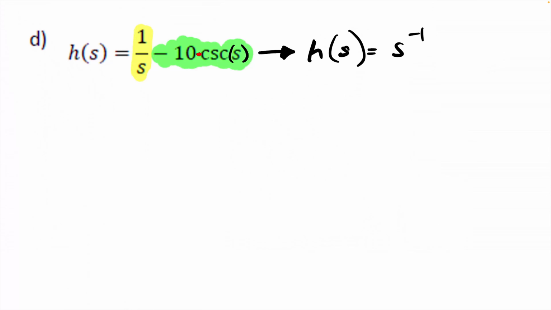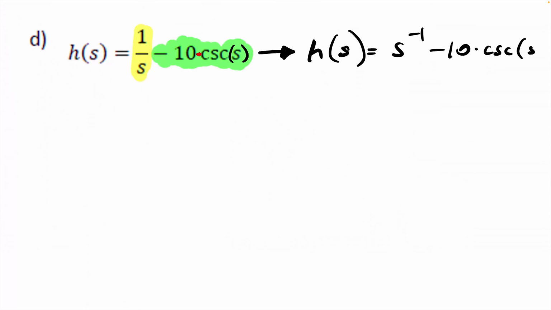There you go. 10 is just a coefficient. It's a number. If it was -10x, product rule. -10y, product rule. But it's just -10, so you don't have to use the product rule.